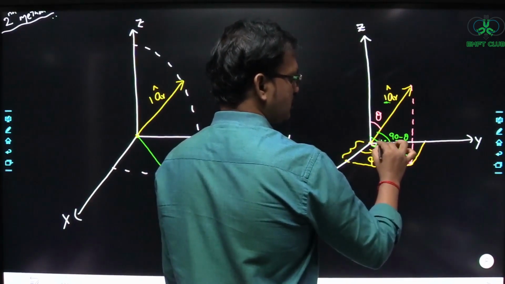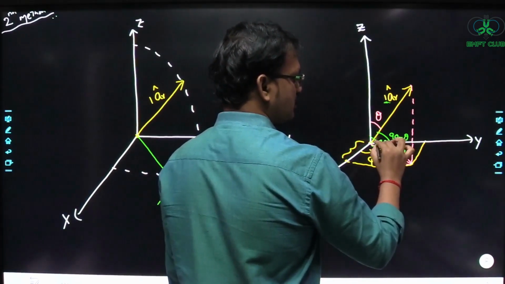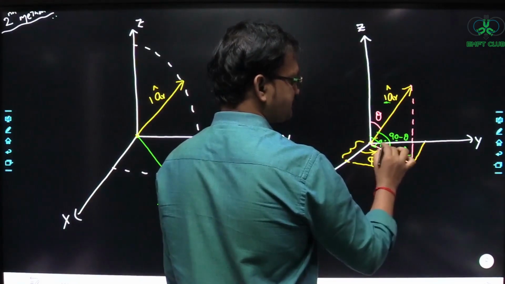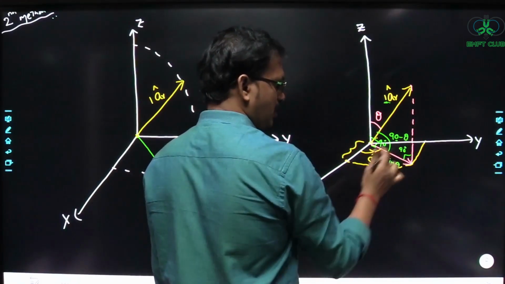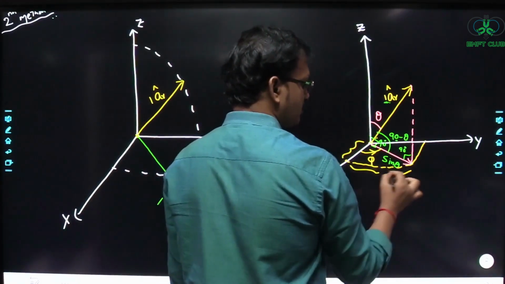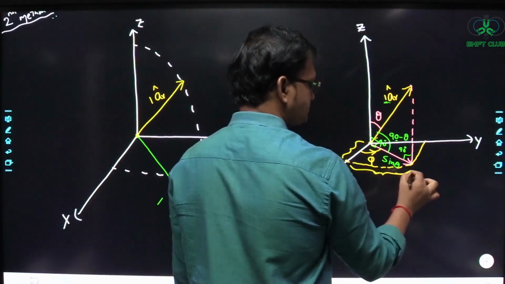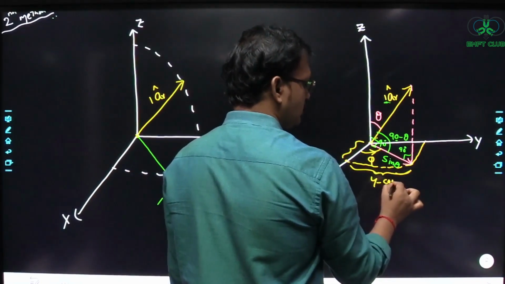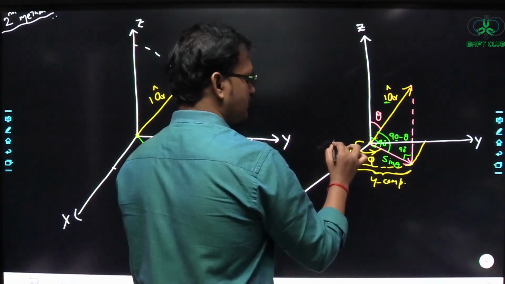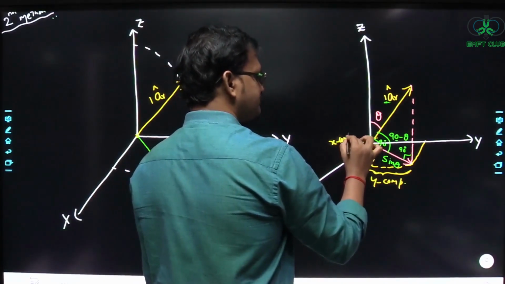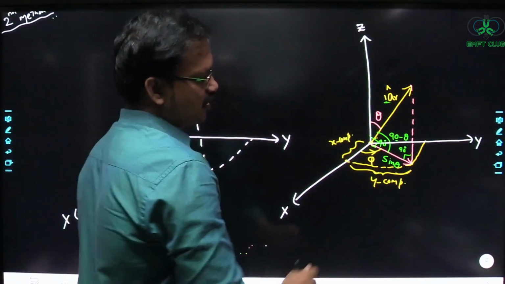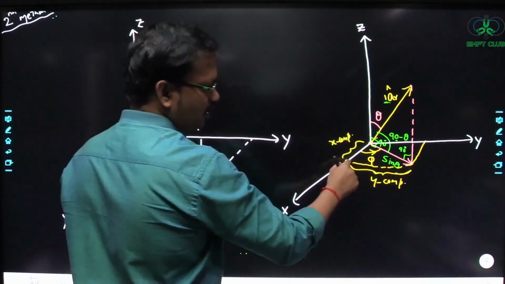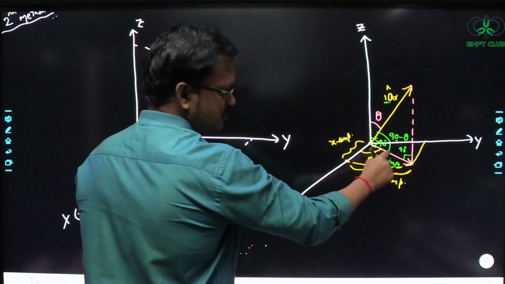So the distance from here to here will give you the y component, and this will give you the x component. Okay, so the component of sine theta along x is nothing but what? What is the angle between these two?